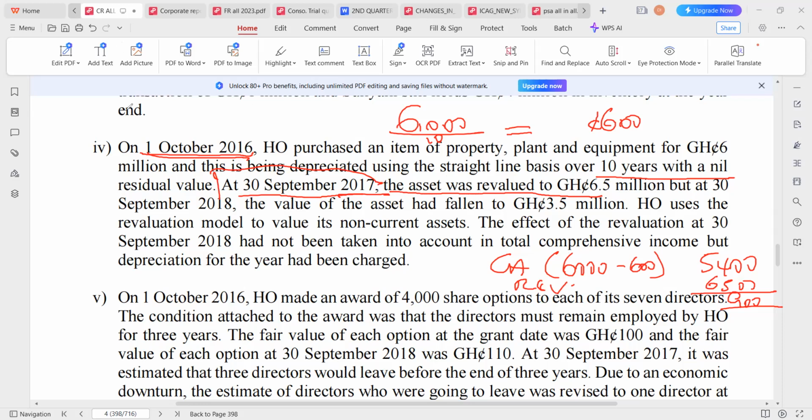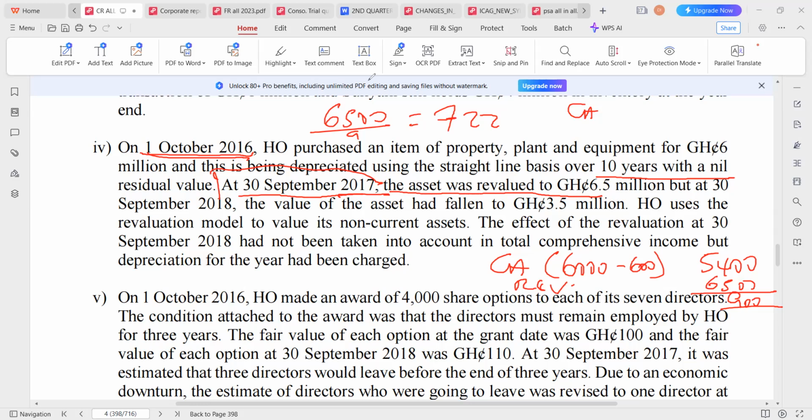If you end here, the new depreciation will be what? 6,500 divided by what? Is it 9 years or 10 years? 9. Good. What do you get? 722.2. Good. I can still find the carrying amount. What will be the new carrying amount? 6,500 minus 722.